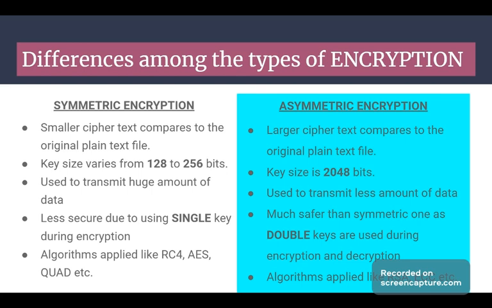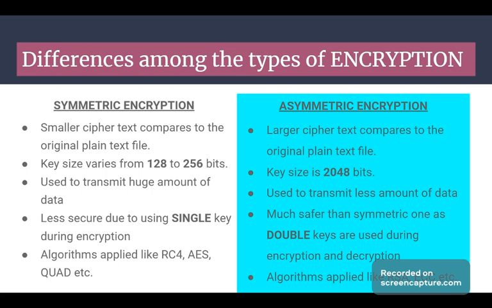Second, in symmetric encryption the key size varies from 128 to 256 bits, whereas in asymmetric encryption the key size is 2048 bits. Third, symmetric encryption is used to transmit a huge amount of data, whereas asymmetric encryption is used to transmit a smaller amount of data.